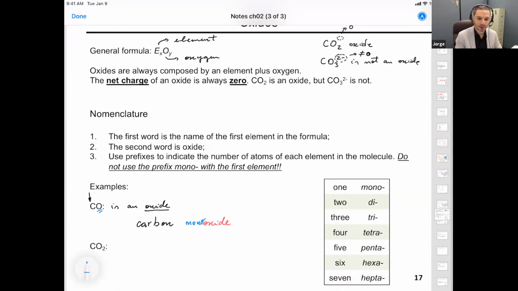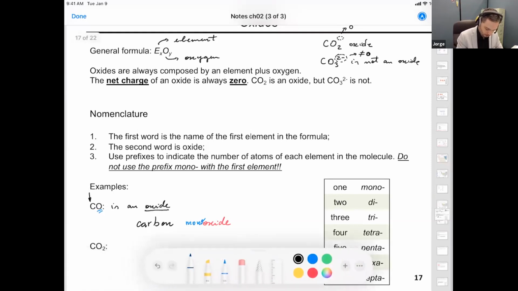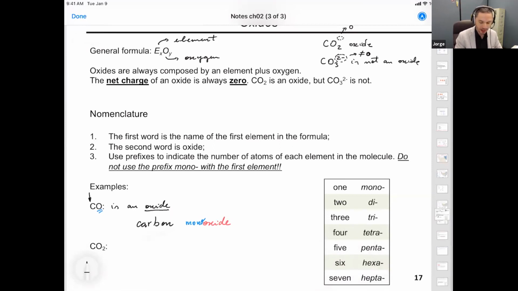Therefore, the compound CO is carbon monoxide. Some people like to write it with the double O, and some people like to write it with just one O. I prefer just one O because it makes it simpler. So therefore, CO is carbon monoxide.